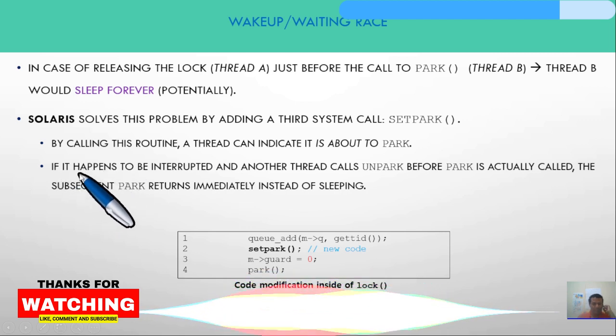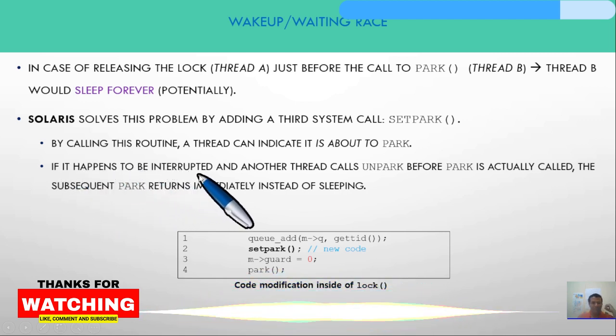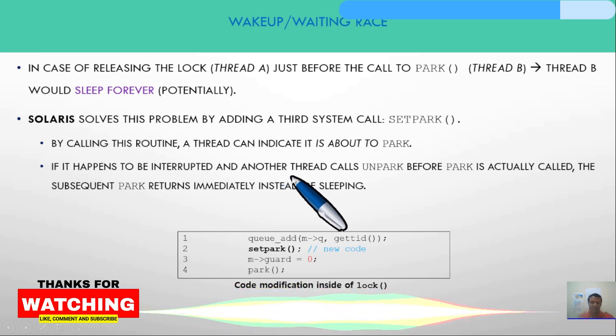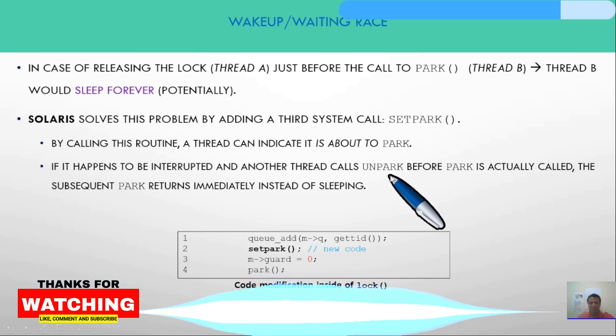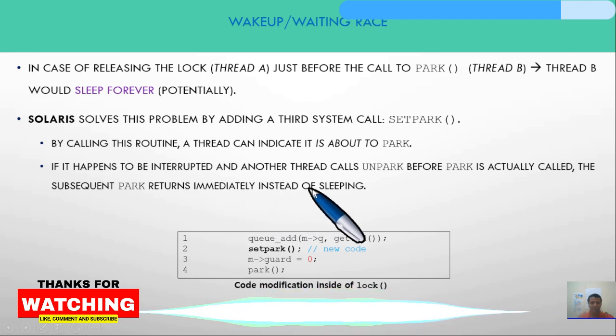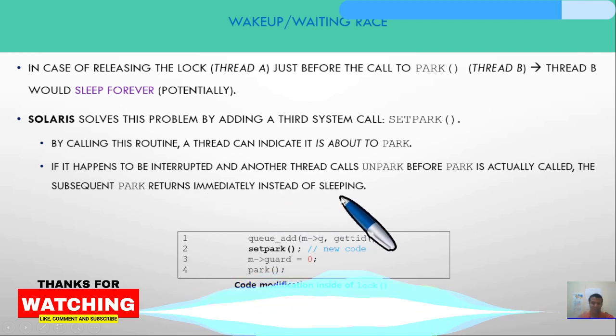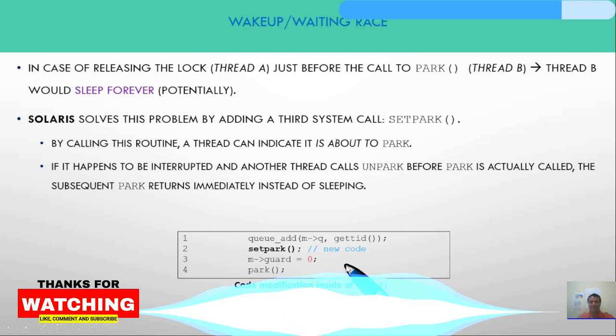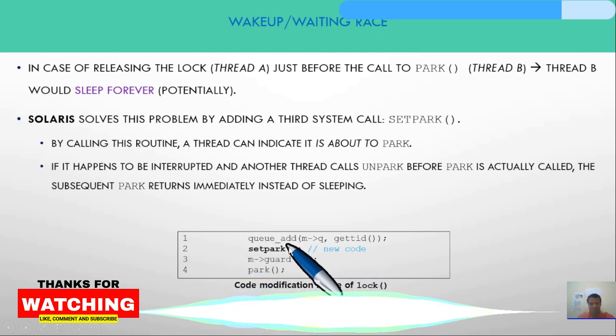If it happens to be interrupted and another thread calls unpark before park is actually called, the subsequent park returns immediately instead of sleeping. So this is the syntax: queue add, and get tid, and we have the setpark and the guard.